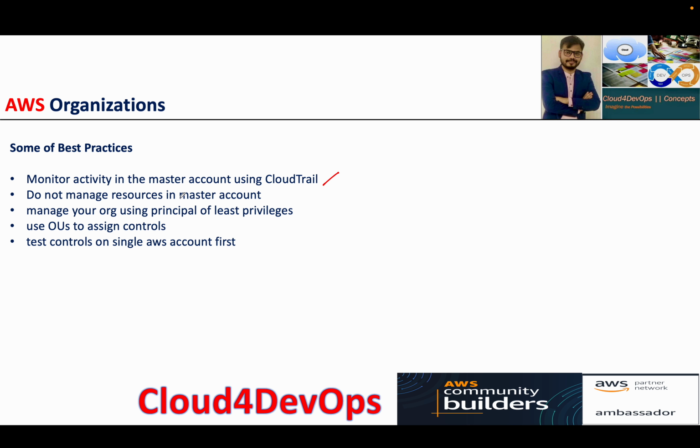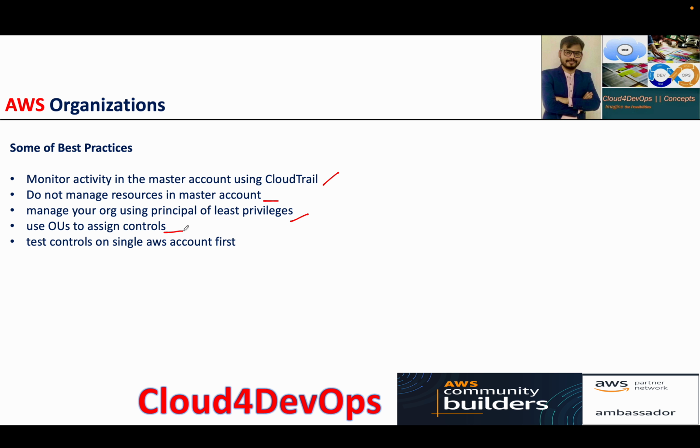Do not manage resources in the master account, which I mentioned earlier. Master accounts are not made for your workloads. You should keep the master account just for billing purposes, pushing out the policies, controlling everything in one place. Manage your org using the principle of least privilege. This is very important in terms of managing your AWS Organization.